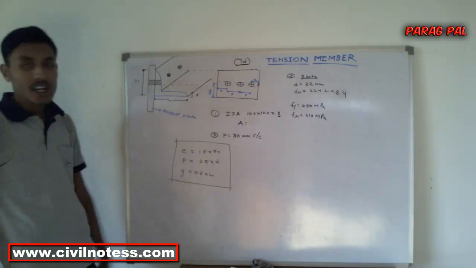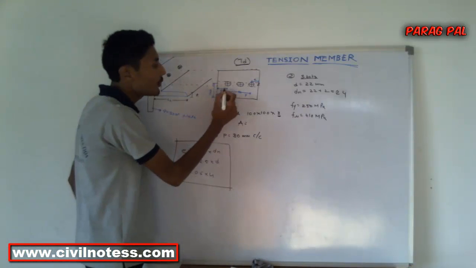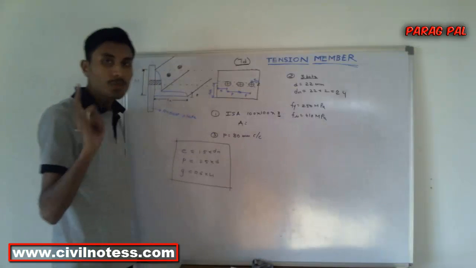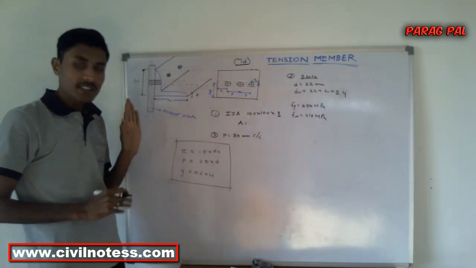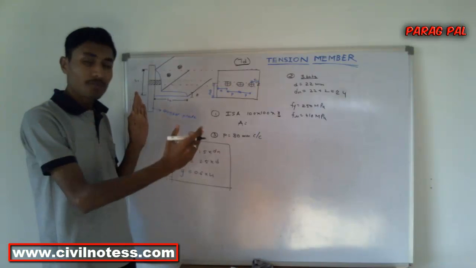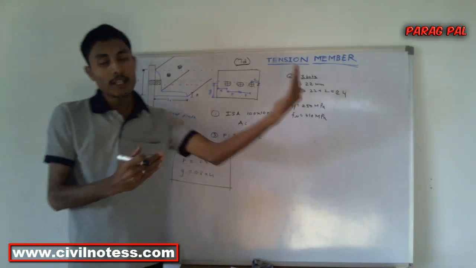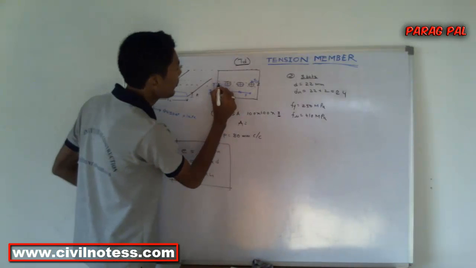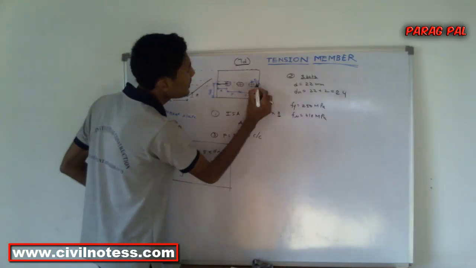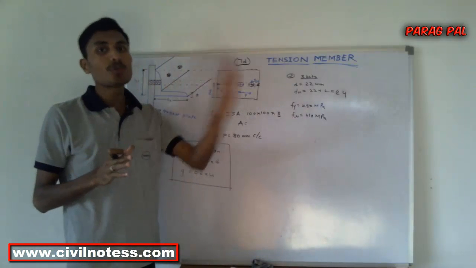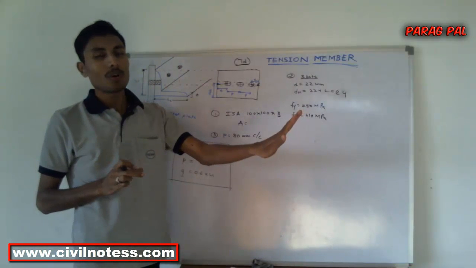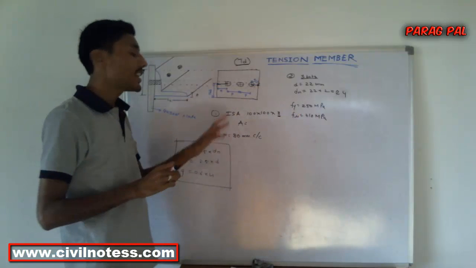Now what exactly is the edge distance? It is from the starting of the member to the center of the first bolt, that means the first bolt and the last bolt. So from the starting point to the first bolt center, or the ending point to the last bolt center, only these two distances are called the edge distance.